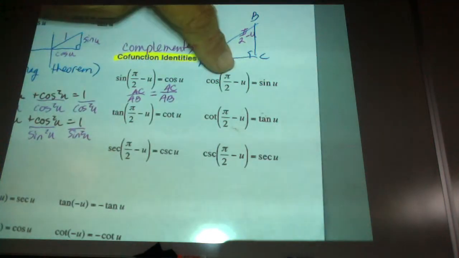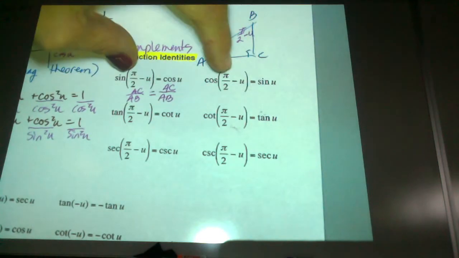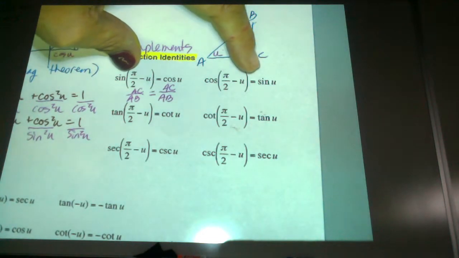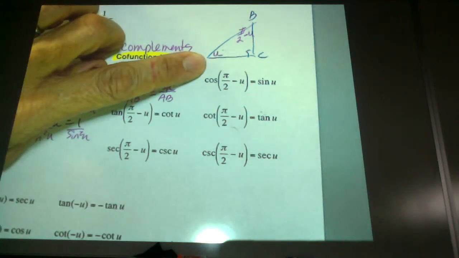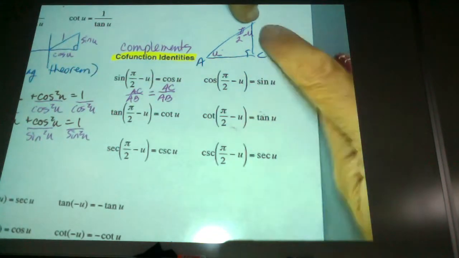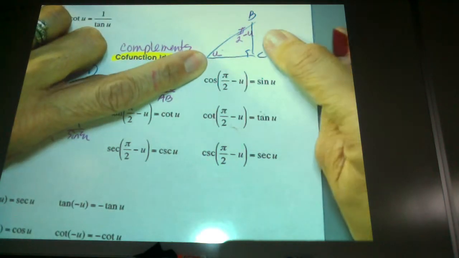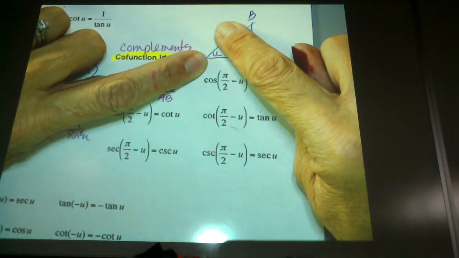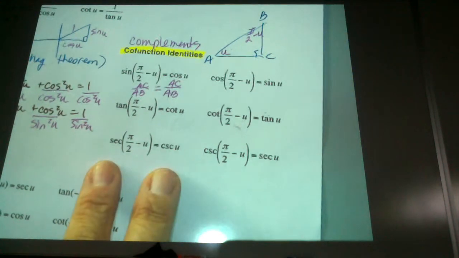So these two are just flipped. If I took the cosine of this, it would be the same as the sine of this. Cosine is BC over AB. Sine of this is BC over AB. They're identical. That happens with tangent and cotangent, and with secant and cosecant.